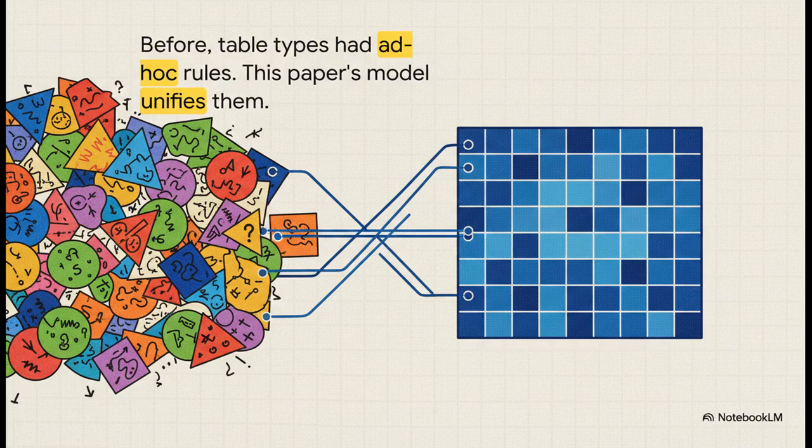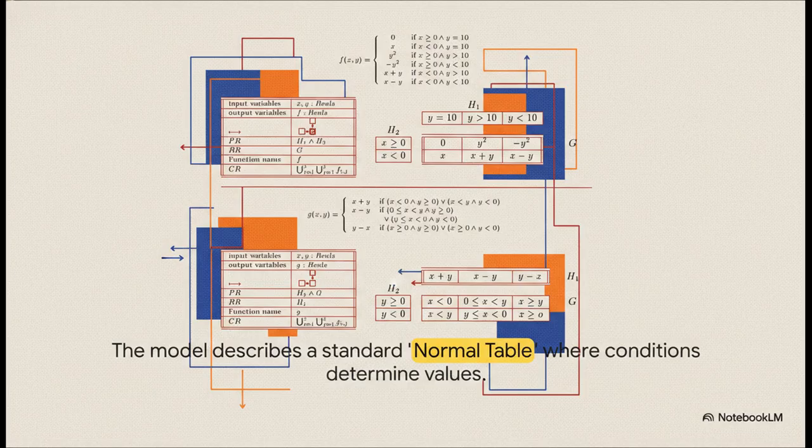And this is the crucial point. Before this research, different tables used in industry often had their own unique, kind of made-up rules. It was really more of an art than a science. This model completely changed that. It turned it into a science by providing one single, consistent, mathematical foundation for all of them. For example, using this cell connection graph, the model can easily describe a standard, normal table, where the conditions are in the headers and they determine a value inside the grid.